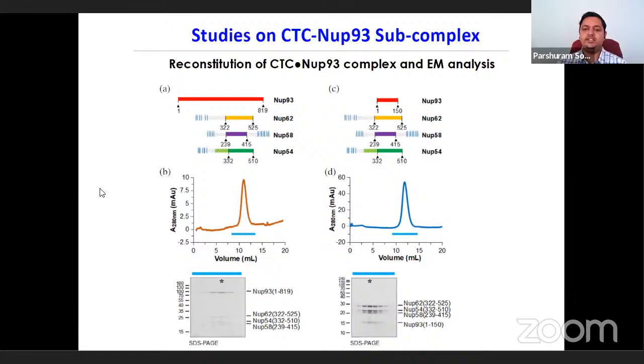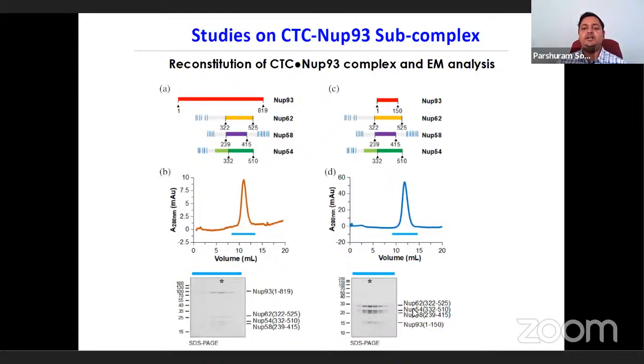You can see this is the last step of the size exclusion chromatography, where a single peak harbors the 4 proteins of this complex. And this was a big thing for us, as purification of even a single protein is a challenge, and we were able to get a stable complex.